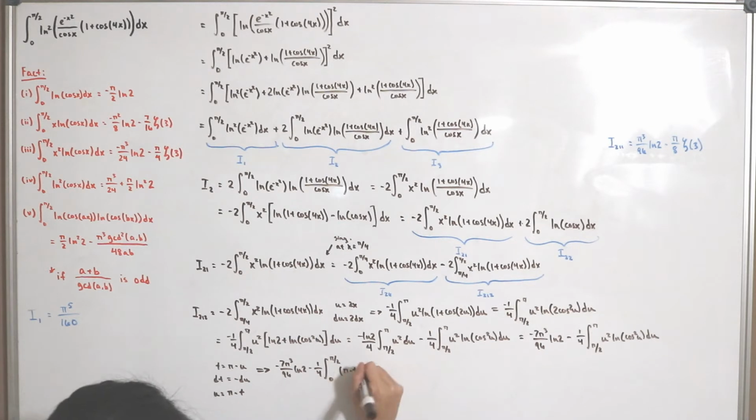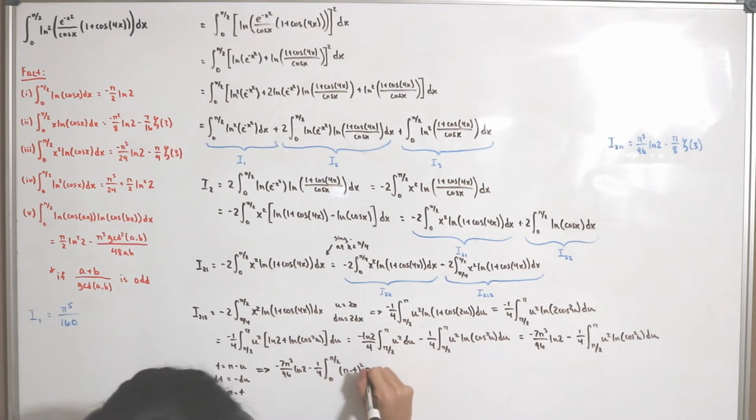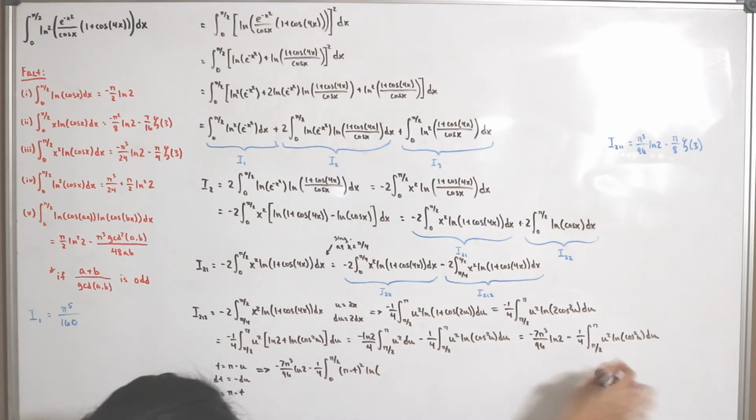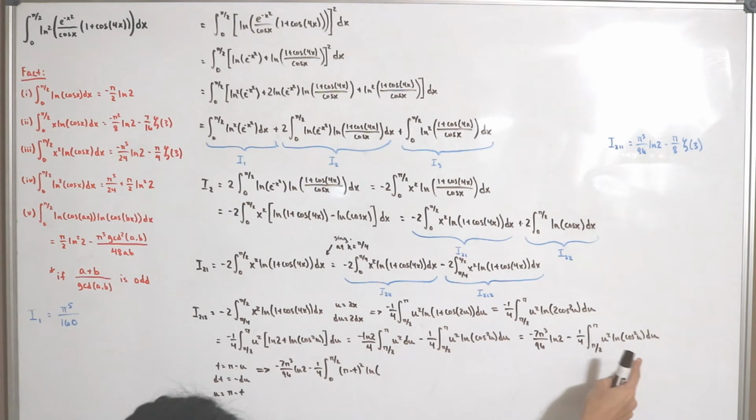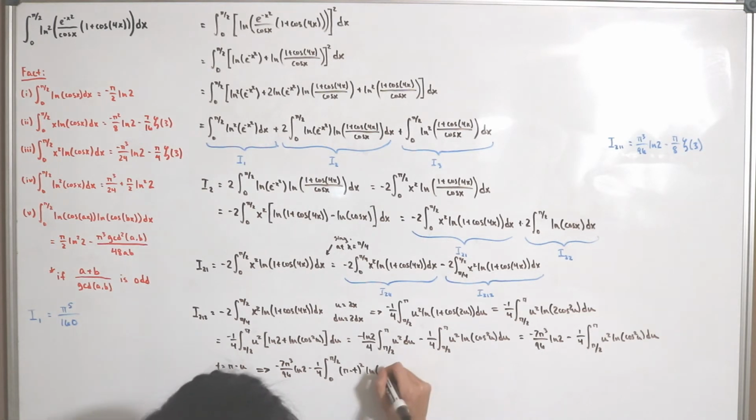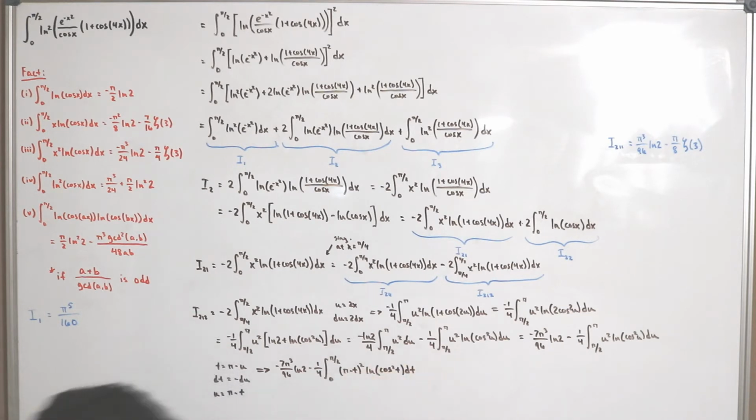We have pi minus t squared, and then ln of cosine squared of pi minus t. Notice the property that cosine of pi minus t in our trig identity is equal to negative cosine of t. If I square that, we get the positive, so we're left with just cosine square t dt.